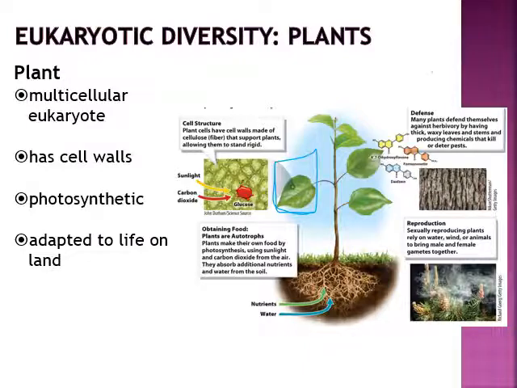And many of them have pretty good defense systems that kind of keep them away from herbivory or keep them away from other animals eating them, like waxy leaves, or some of them produce chemicals that can also kill or deter pests just naturally. And reproduction, they've got some different ways of reproducing depending on what kind of plants we're talking about.